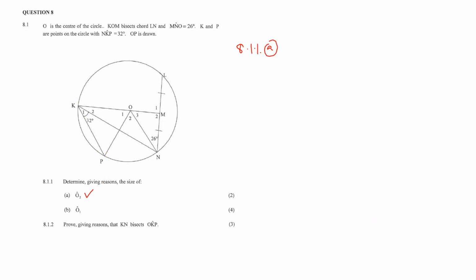We see that angle O2 is equal to twice angle K1, which is twice 32 degrees, which is 64 degrees. Reason: angle at center equals 2 times angle at circumference.